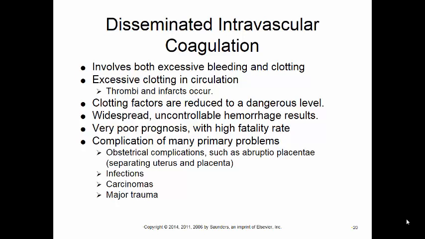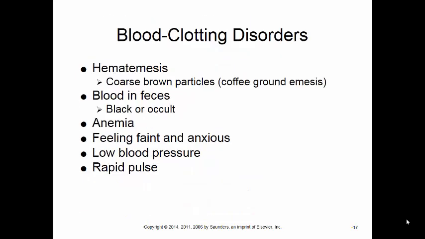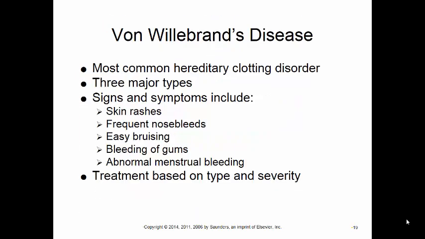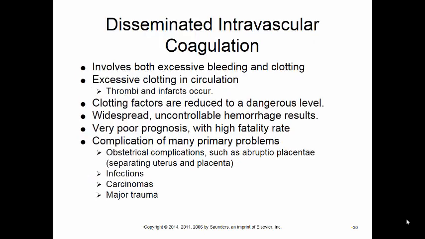The next disorder is called disseminated intravascular coagulation. This is where the blood has abnormal clotting. It's the opposite of the blood clotting disorders, where you have difficulty with clotting. With disseminated intravascular coagulation, we have too much clotting.